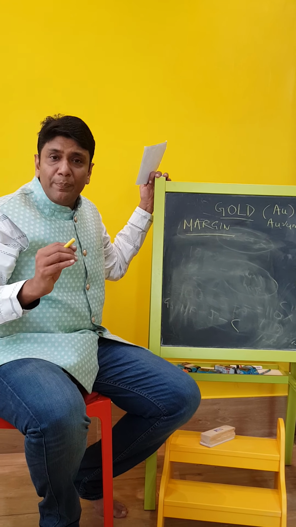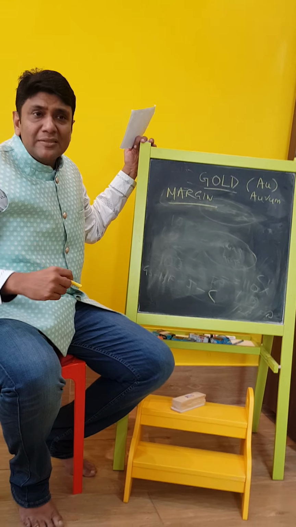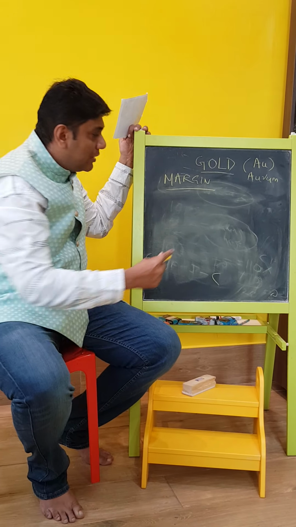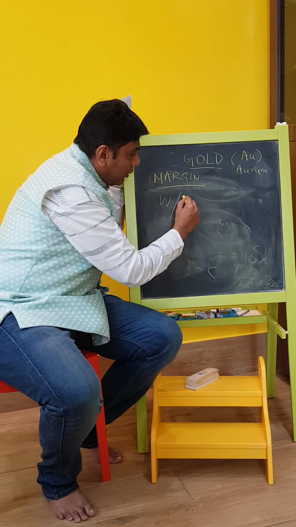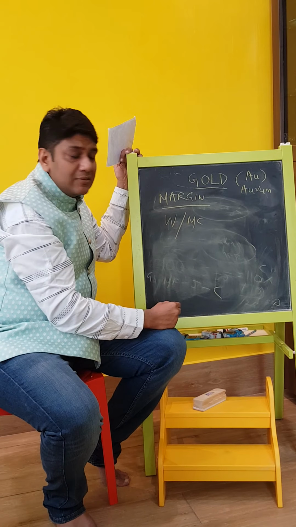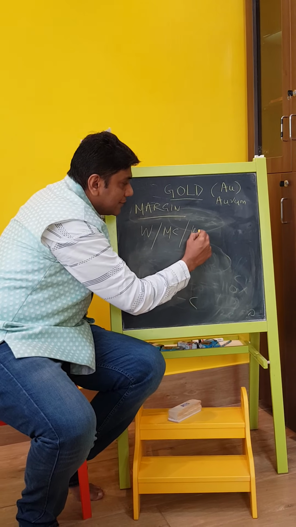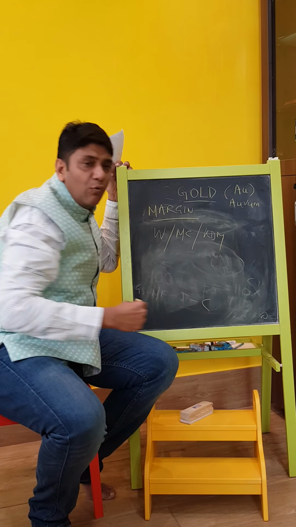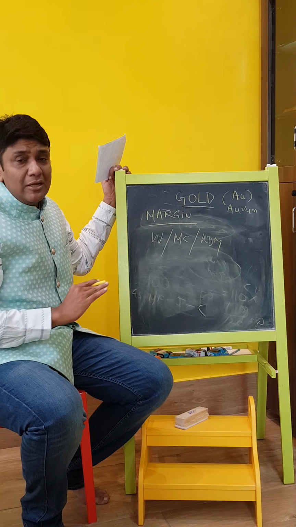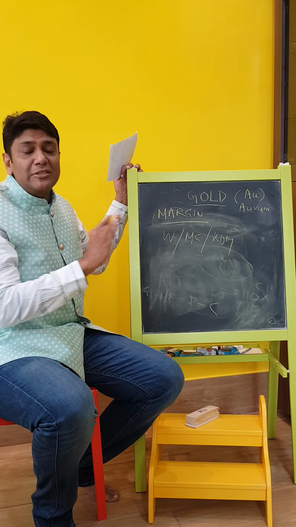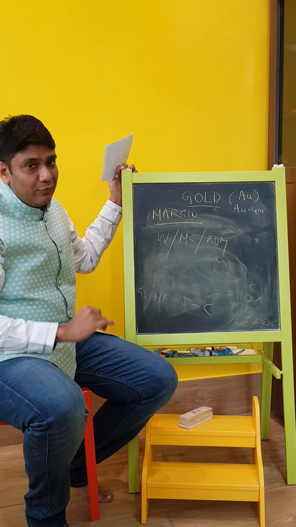So you pay the appropriate price. Some jewelers collect this margin by calling it wastage, some call it making charges, some call it KDM charges. Whatever you say, ultimately there is an added cost. But how much added cost is right? That is what we have to understand.